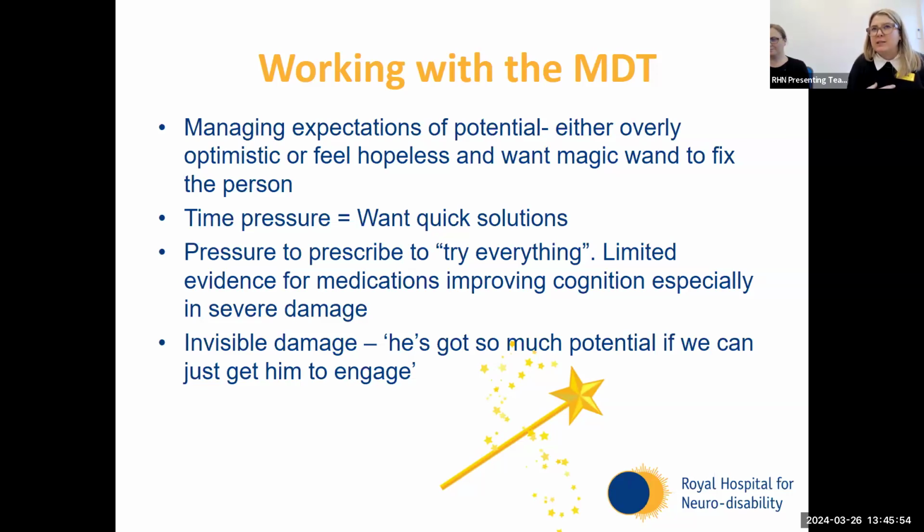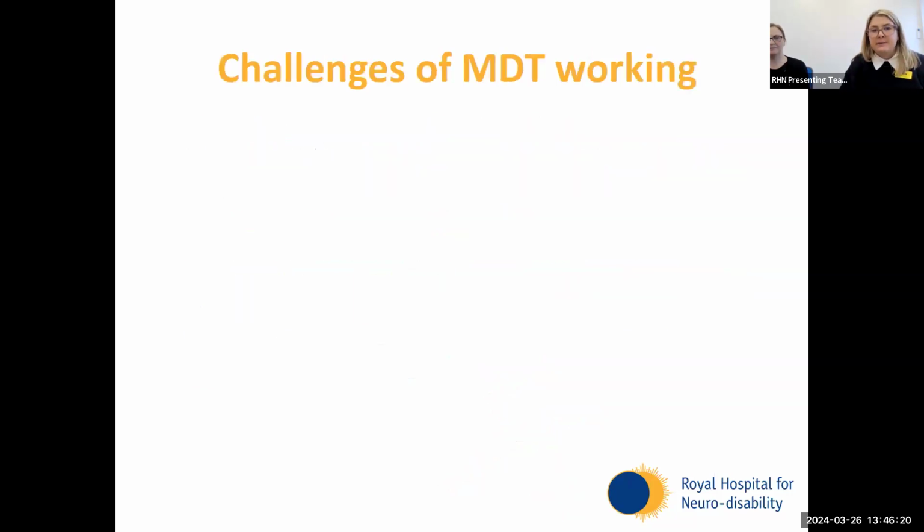And then we see that somebody's young or pre-morbidly very intelligent, and you feel like there's so much potential if you could just get them to engage. It feels almost like the onus is on the patient to be more engaged, more motivated, wanting to participate more. But actually it's their cognitive impairment, their cognitive disability, and that's what we need to be supporting.